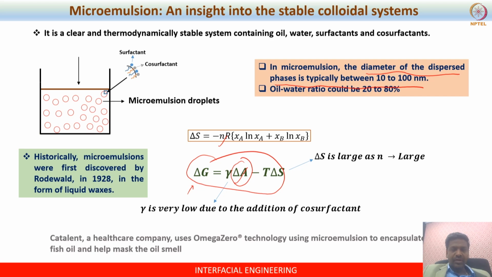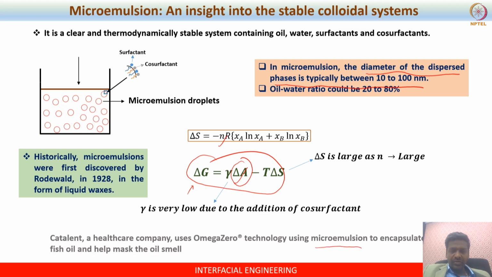This technology is used nowadays in a lot of commercial products as well. In the example I have given here, a company called Catalent, a healthcare company, uses Omega Zero technology, which is based on microemulsion.